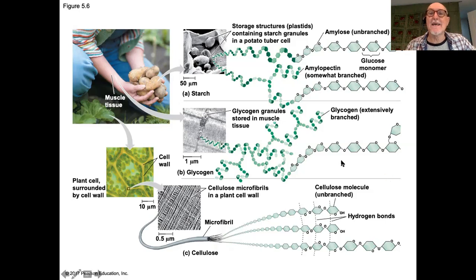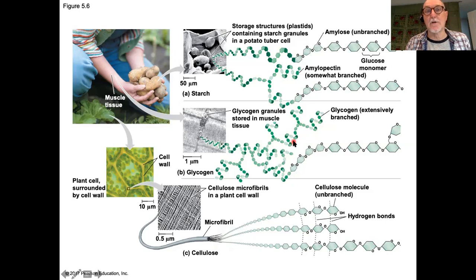And glycogen is, again, a long polysaccharide of glucose monomers. But now the units are again in the same orientation, just like starch was, but it is highly branched, and just that alone confers different properties.